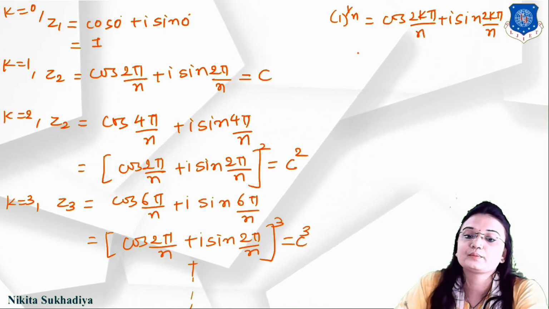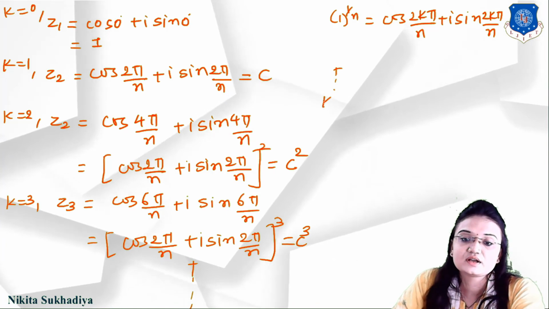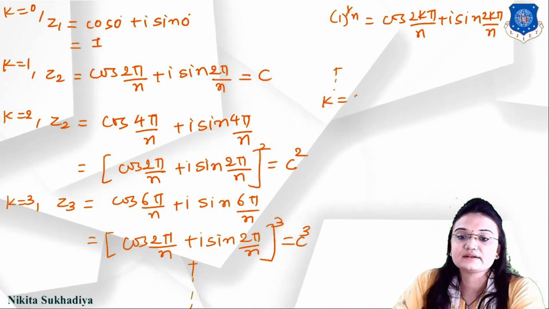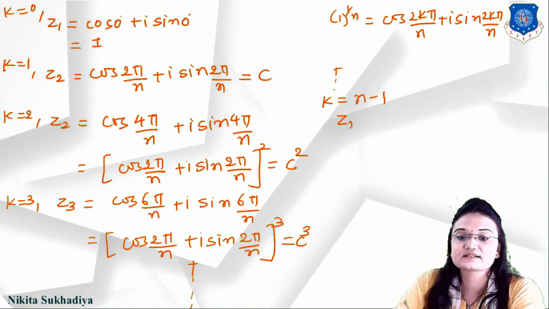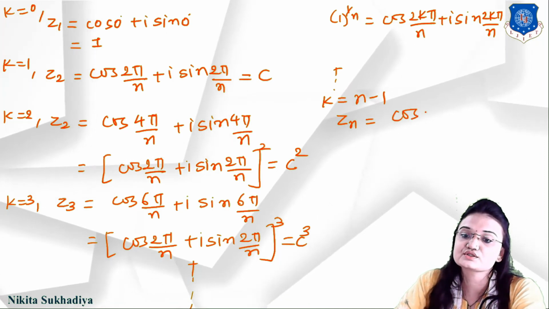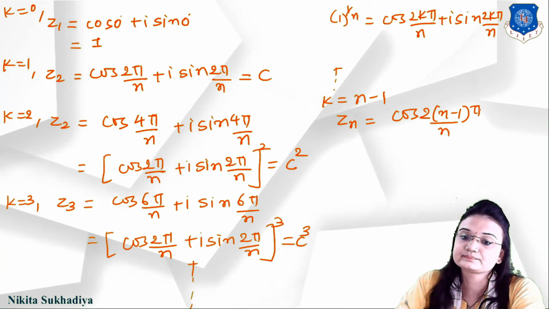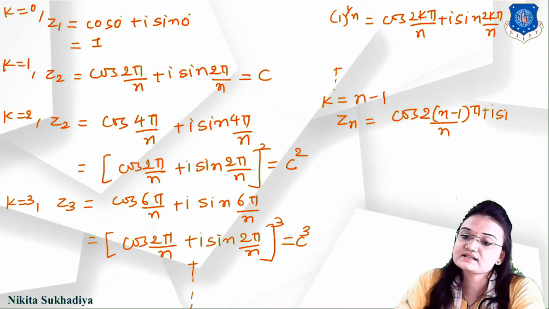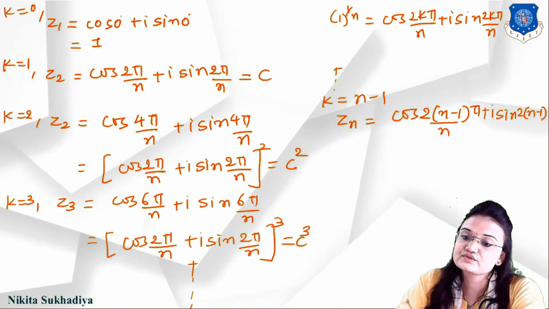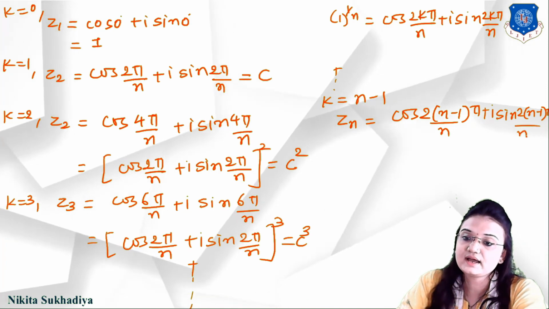Up to k equal to n minus 1, we will get zn, so this is cos 2(n minus 1)π/n plus i sin 2(n minus 1)π/n.